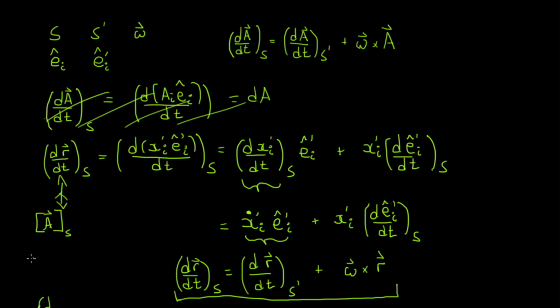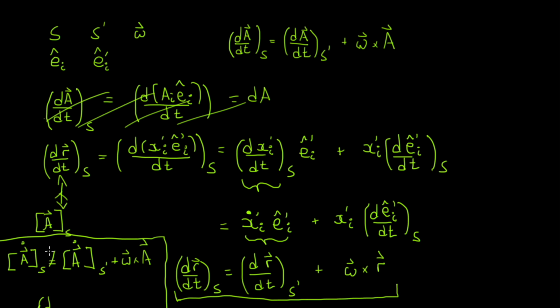So be very careful. I am, for example, not saying this is true. I'll put a not equal there, plus omega cross A. That's not what I'm saying. Because this would be the derivative with respect to time of A, which already needs a subscript, but okay, fine.